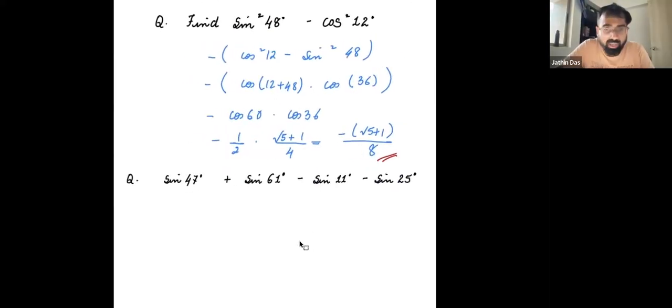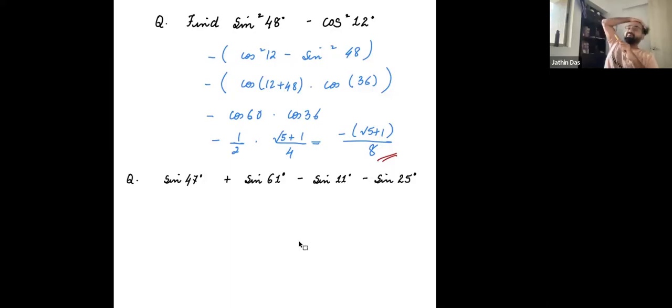What mistake did you make here? It was cos square minus sine square, right? So I thought it would be cos 2 theta, but the angle was not the same, so I was trying to make the angle the same. Whenever it is squares, I always told you, if it is cos square minus sine square, you apply cos a plus b into cos a minus b.